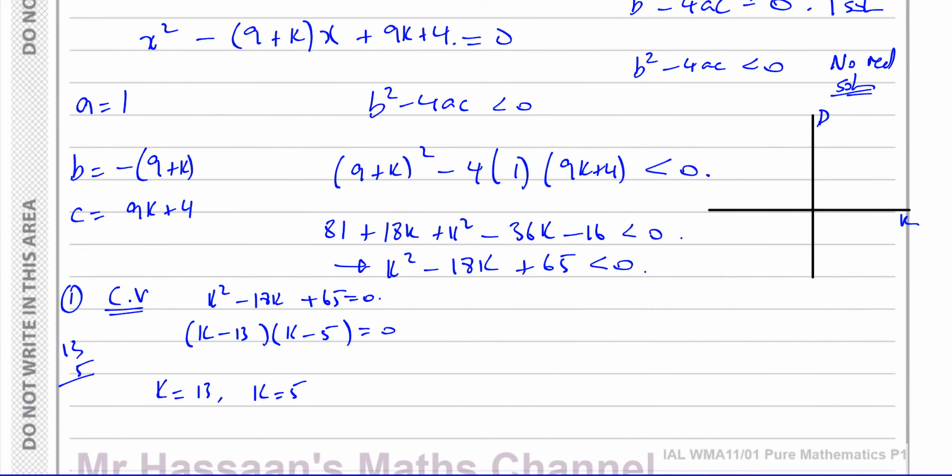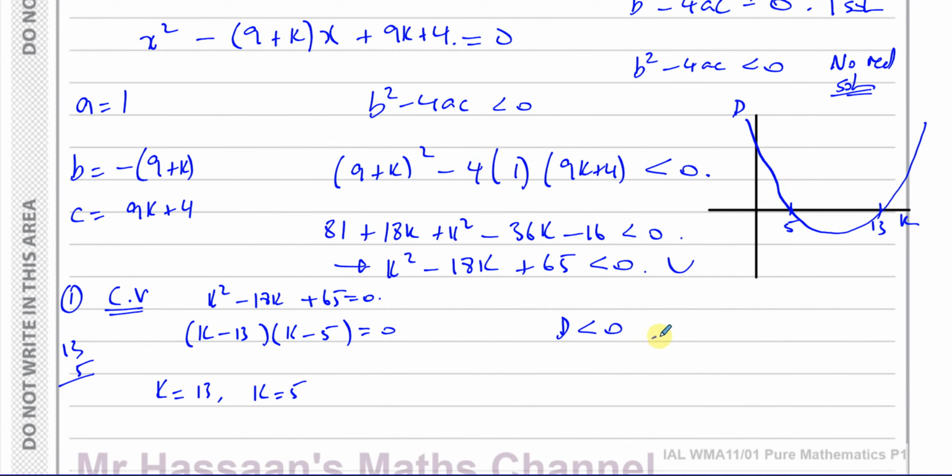If I just adjust this a little bit to make our diagram more realistic. If you were to sketch something in this form, it's going to be this type of shape. It goes through 0 at 5 and 13, and it's going to look something like this. So we can see that the discriminant is less than 0 for the values of what?